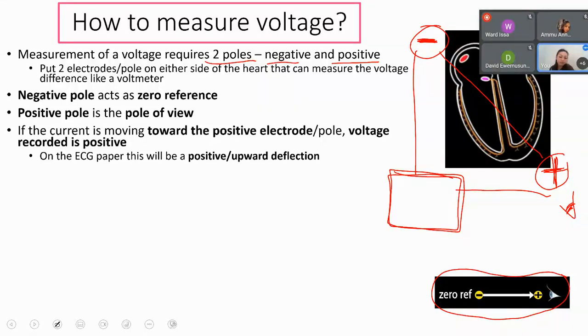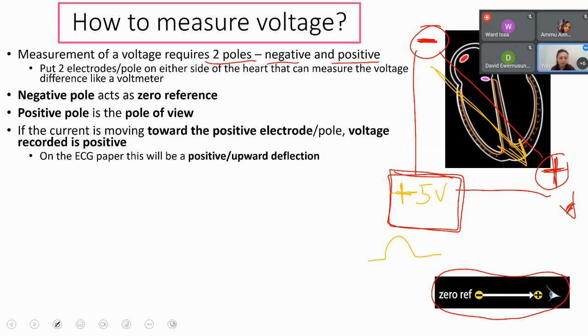So if my current is going that way to the positive, the voltmeter would register this as a positive voltage. I'm going to give this a value, let's say just a random number, like 5 volts, okay?